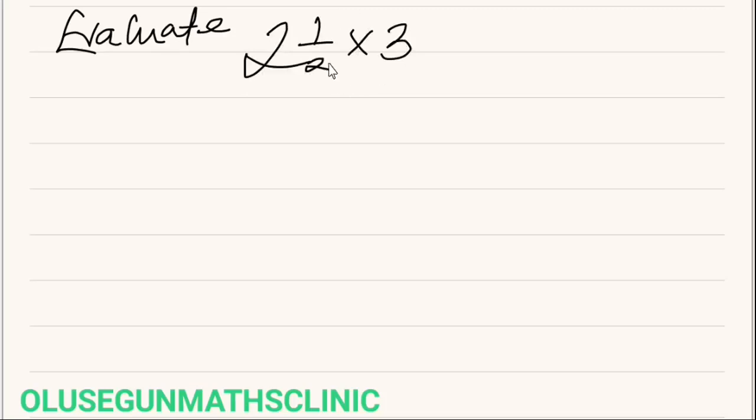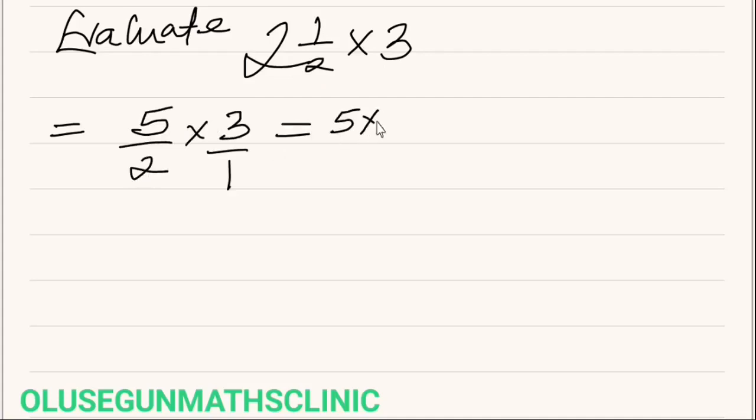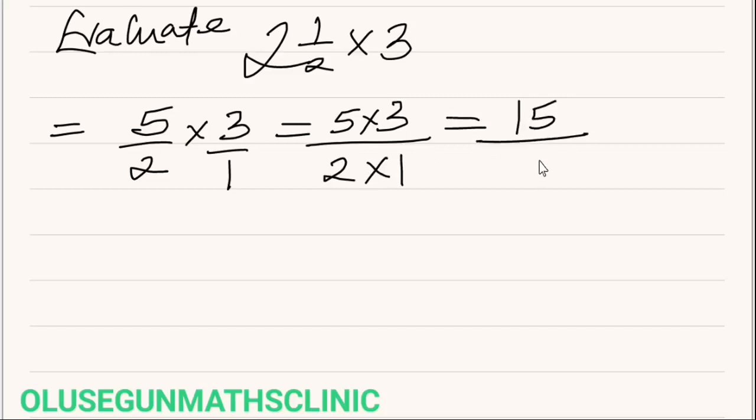So the first thing to do is you make this one an improper fraction, to have 2 times 2 plus 1, so making 5/2 times 3/1, which is 5 times 3 all over 2 times 1, which is equal to 15/2. And 15/2 is equal to 7 whole number 1/2. So this is how it works.